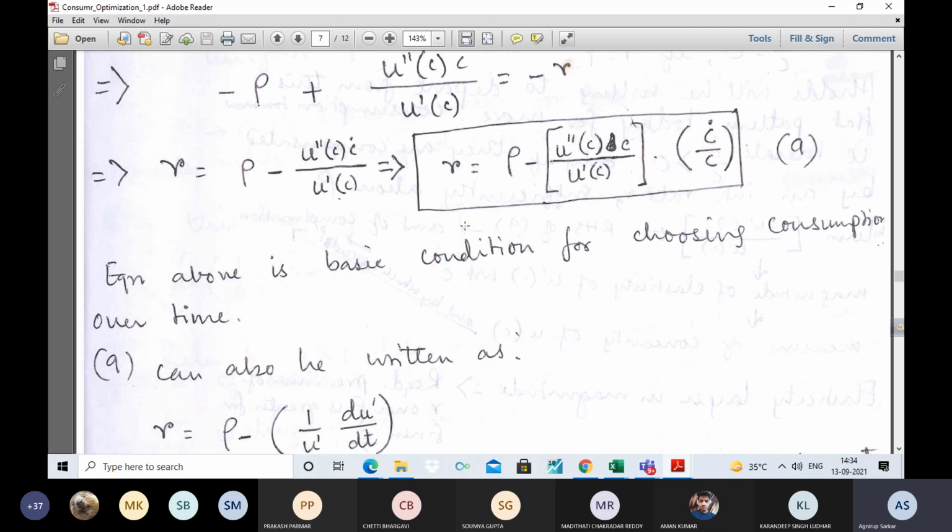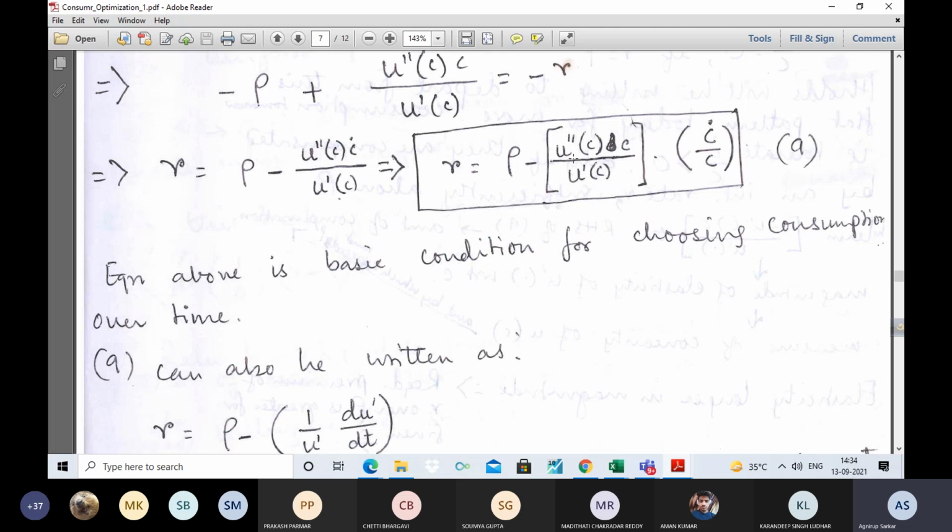So the literal interpretation is households are going to choose consumption in a way that the rate of return should be equal to the rate of time preference, which is rho, plus the rate of decrease of marginal utility of consumption, which is u prime. And why is u prime going to decrease?